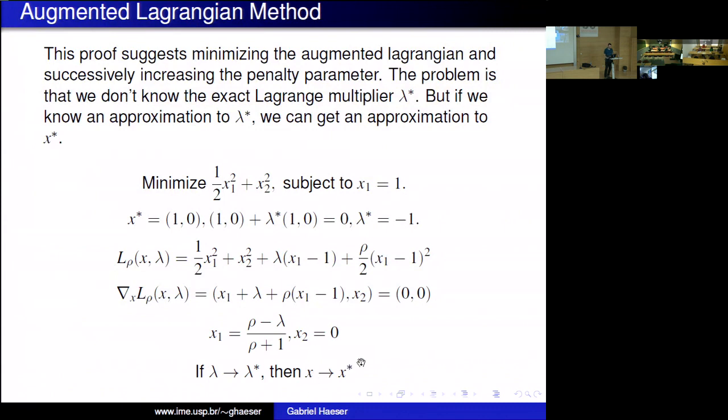And I won't need to make ρ go to infinity. So if this lambda is close to minus 1, no matter what the value of ρ, this is close to 1, the correct value of the solution. So this seems to be a good idea to control the growth of this penalty parameter.